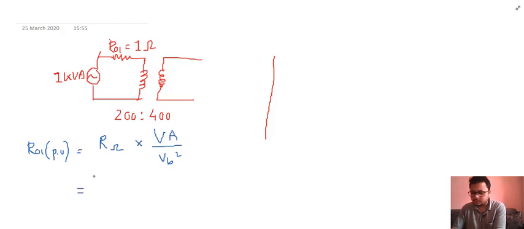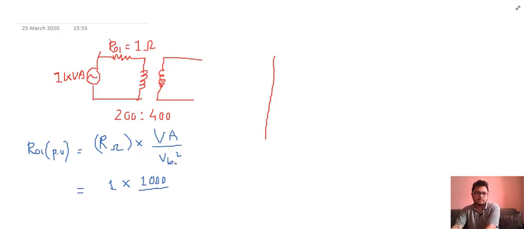Now what is the value given in the primary? The actual value is 1 ohm. And what is the VA value? 1 kVA, but in terms of VA it should be 1000.